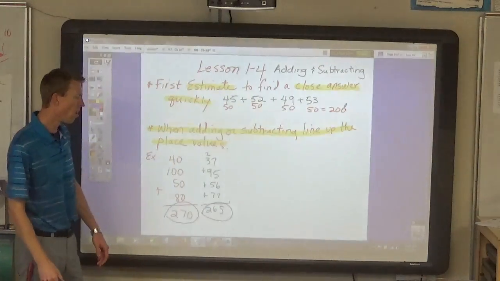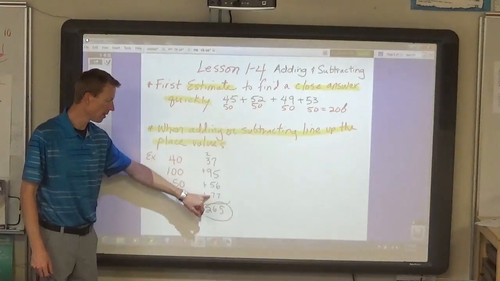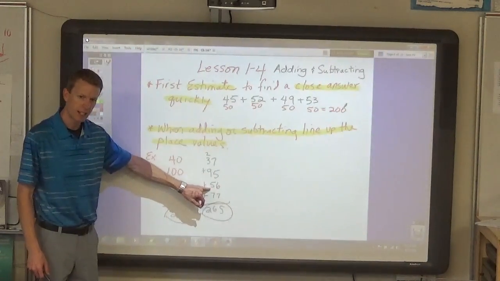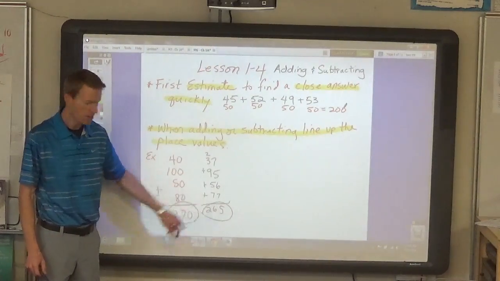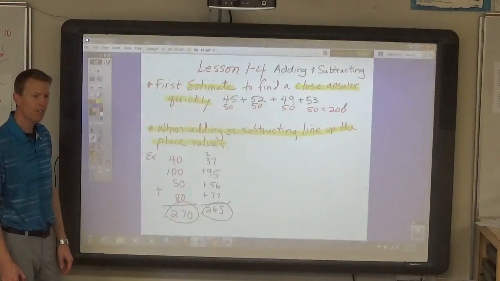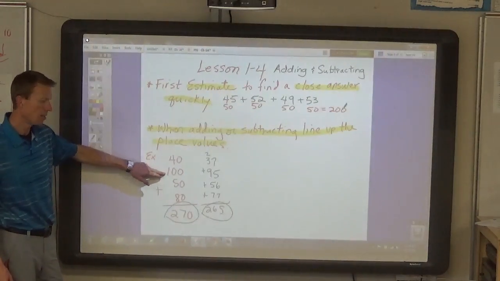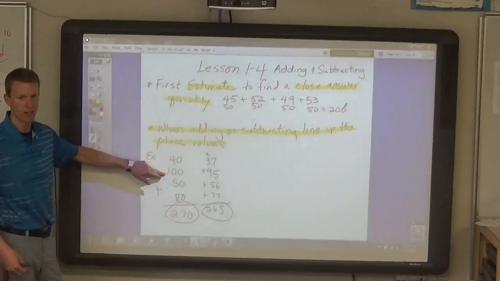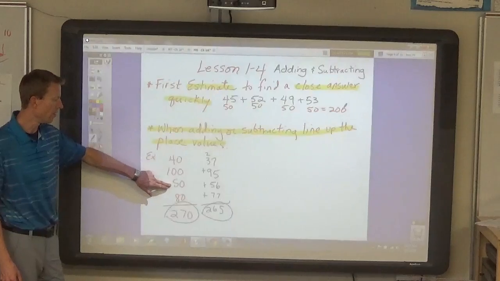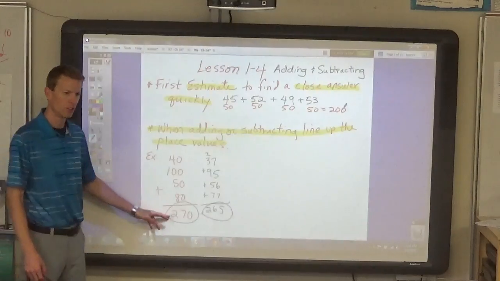Okay? Now, you won't always be able to round them to the same number. If you look at this example, 37 plus 95 plus 56 plus 77, you might have to just round them to the nearest 10 and estimate. But even that will give you a quick answer. So 40 plus 100 is 140, plus 50 is 190, plus 80 is 270.